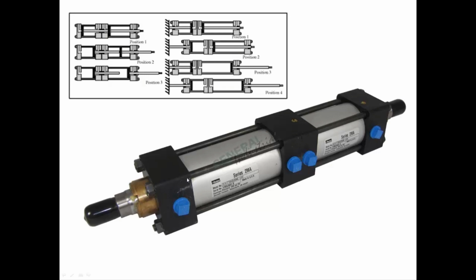Now if you try to picture in your mind how this is going to work, that would be this example up here. If, however, this was a single-ended cylinder, in other words, the rod did not extend out this end, this was closed off, and this cylinder piston could go back and forth, and it would influence this piston back and forth, then you would have something more like this, where you have three positions, both of them retracted, one extended, the other one basically neutral.